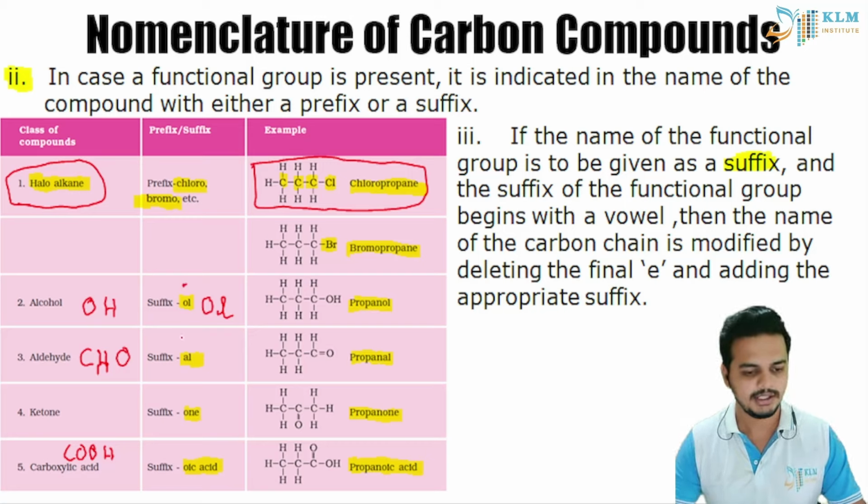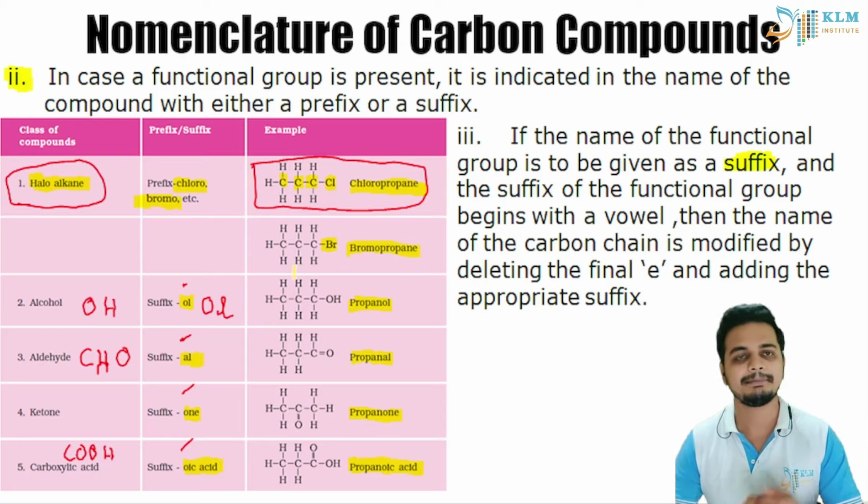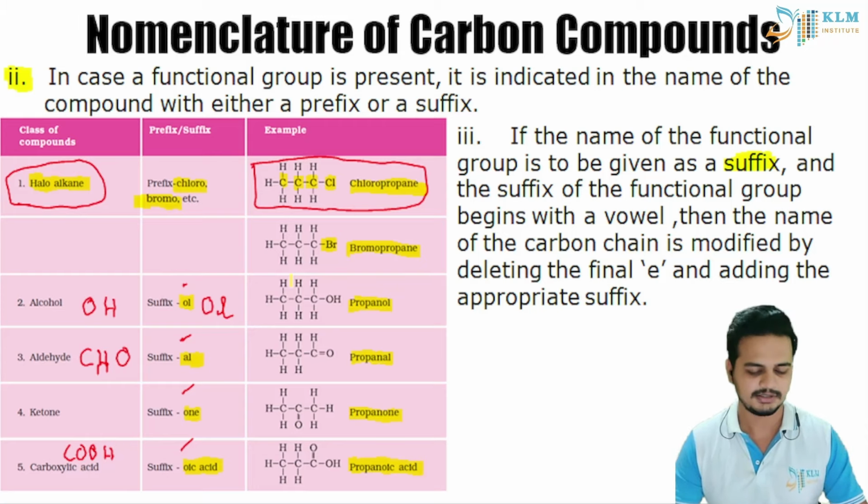O is a vowel, A is a vowel, O is a vowel, and also the O is a vowel. So all of these begin with a vowel. So we replace it with the final, whatever, propane and butane, whatever we are completing the sentence, we will remove the E and we will add the functional group as the suffix.